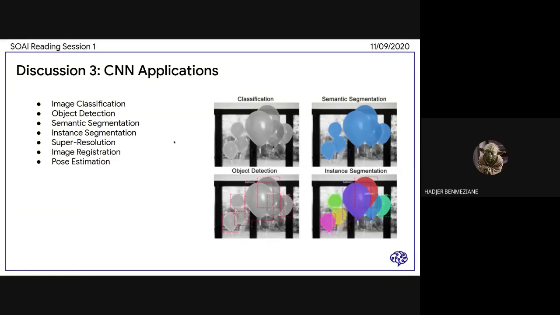And then we have super resolution, which, by its name, means that we have an image in low resolution format, and we want an image with a high level of resolution. And then image registration, which means that the model will try to detect if two images are aligned together.